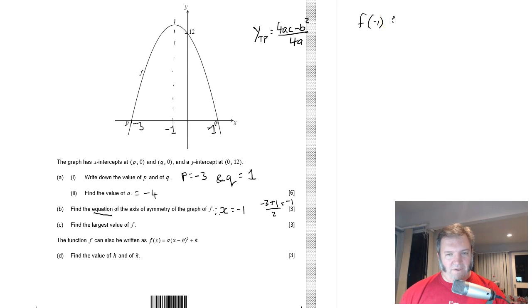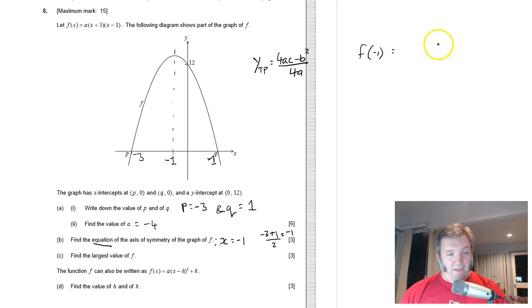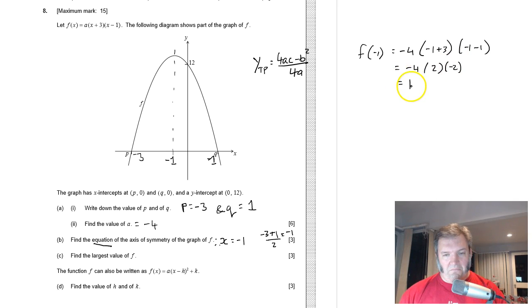Given that a is -4, this is just going to be -4, -1 plus 3, -1 take 1, which is -4 times 2 times -2. I'm getting a maximum value, or the largest value of f being 16. Write it in words, that would look even nicer.